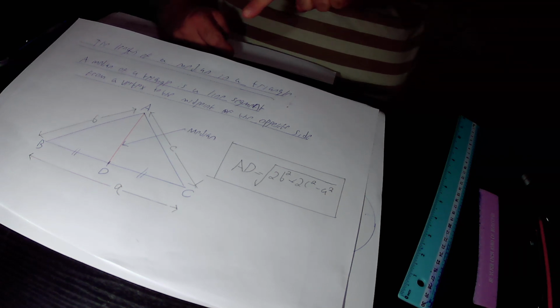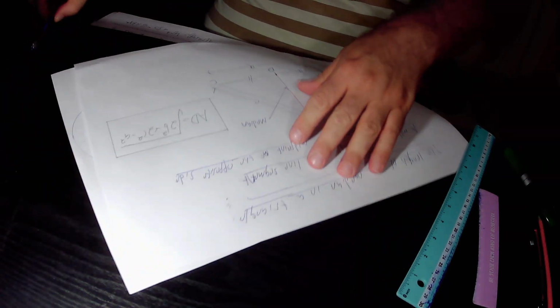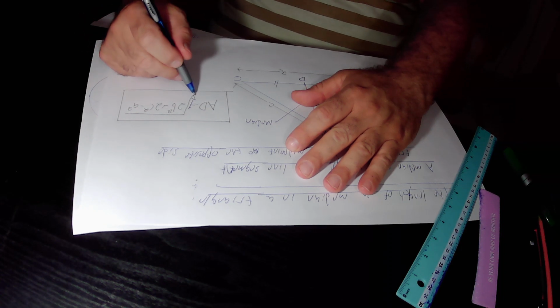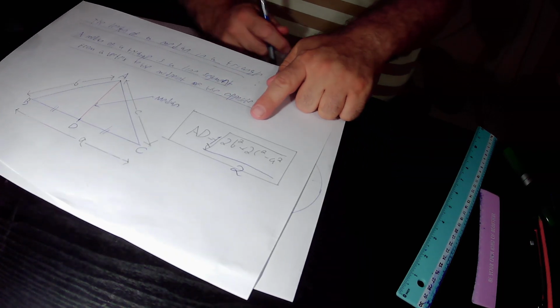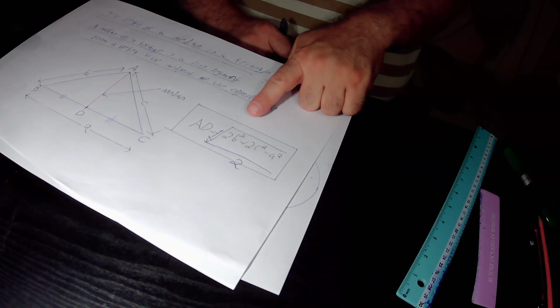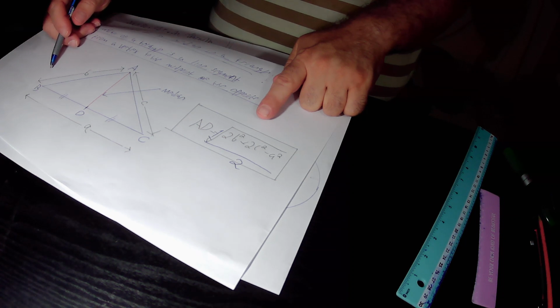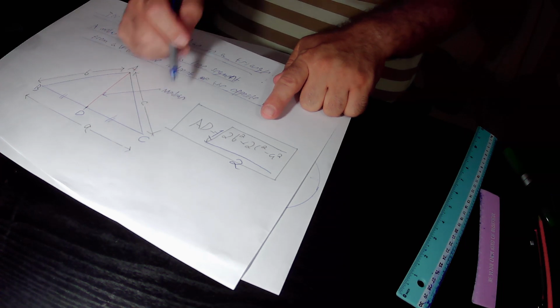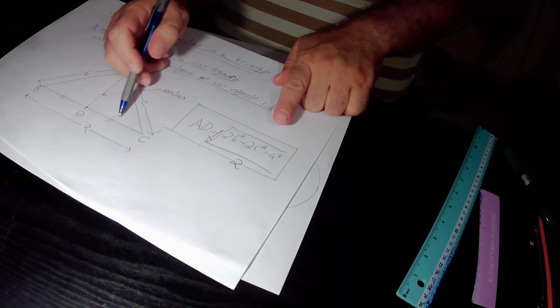According to the new formula, the length of the median AD is equal to 1/2 times the square root of 2b squared, where b is the length of side AB, plus 2c squared, where c is the length of side AC, minus a squared, where a is the length of side BC.